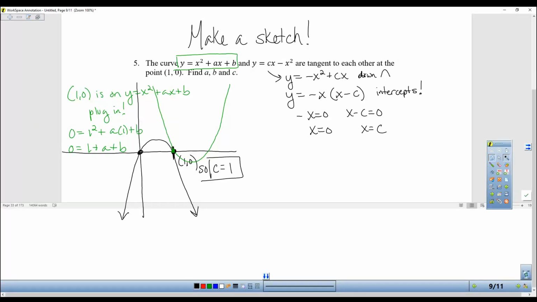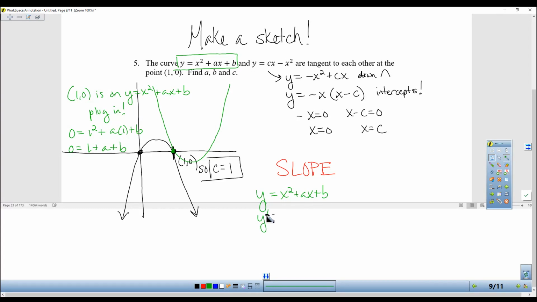Well, we haven't used anything about slope yet. You know we're going to need to find something about slope. So this is going to be the second key. You still have two unknowns, so you need a second equation. There's two graphs. For the green one, y is equal to x squared plus ax plus b.